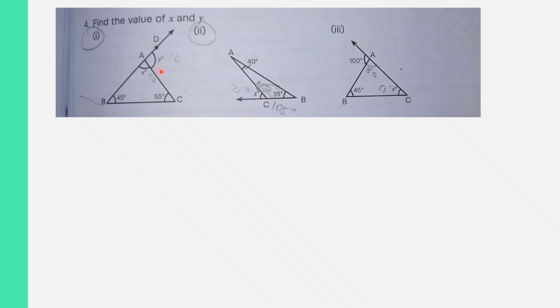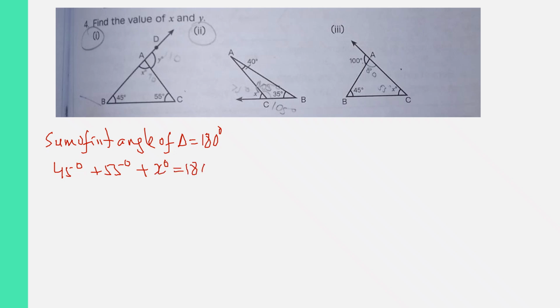this is the exterior angle. You know the property for the interior angle, which says the sum of interior angles of a triangle is 180 degrees. So you can simply say 45 degrees plus 55 degrees plus x degrees is equal to 180 degrees.